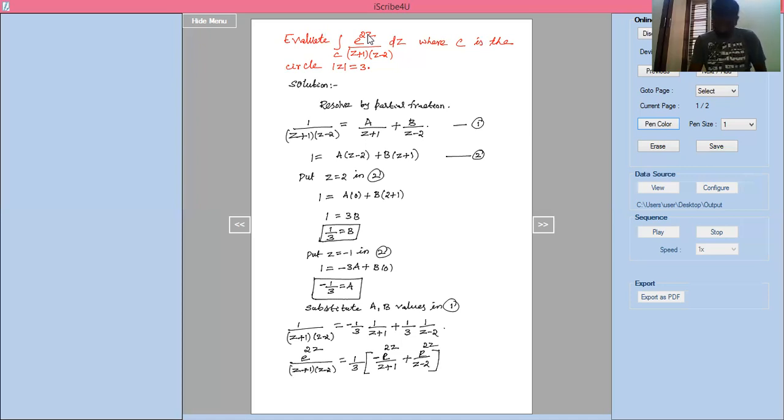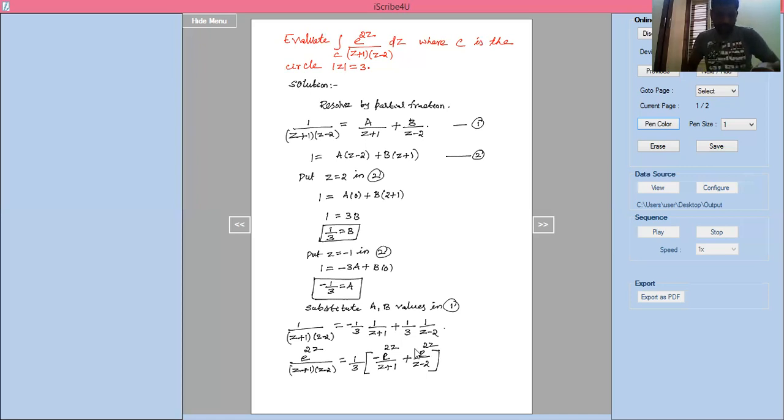Next step, I will take integration on both sides. Why integration? Because I have to check whether the given point lies inside the circle or outside the circle. I'll write in the next sheet.